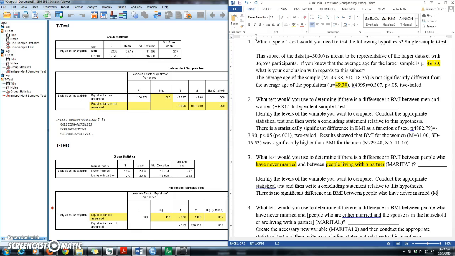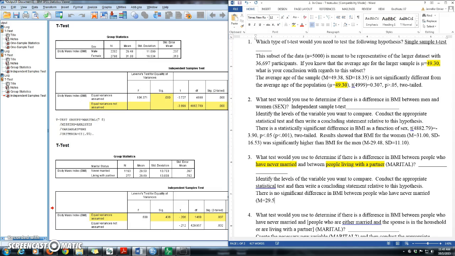I could just write this right into my sentence so I don't have to use another sentence. The mean equals 29.50, standard deviation equals 13.70, and people who live with a partner, mean equals 29.69, standard deviation equals 13.01.